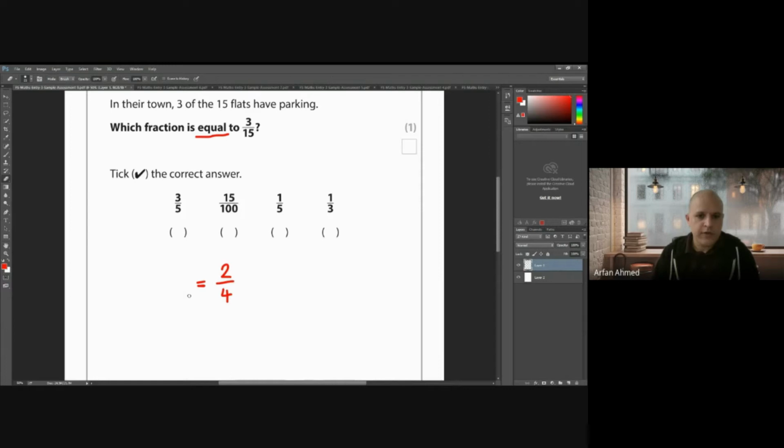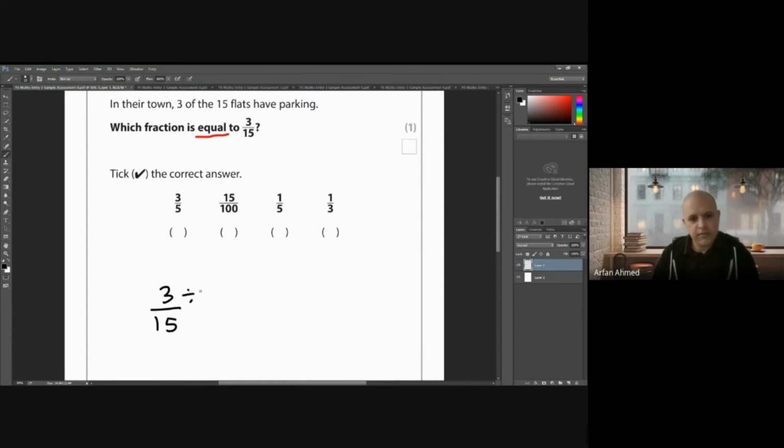How would we find that out? Well, we could simplify some of these fractions. Let's see if we get 3 out of 15. In fact, 3 out of 15 does simplify itself, doesn't it? 3 over 15 as a fraction, you can simplify that, because what's the common factor that goes into both 3 and 15?